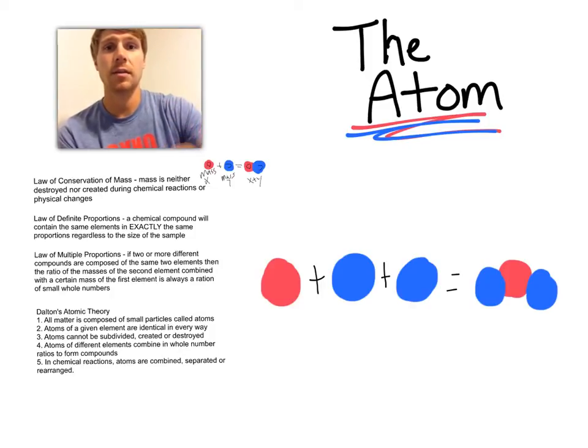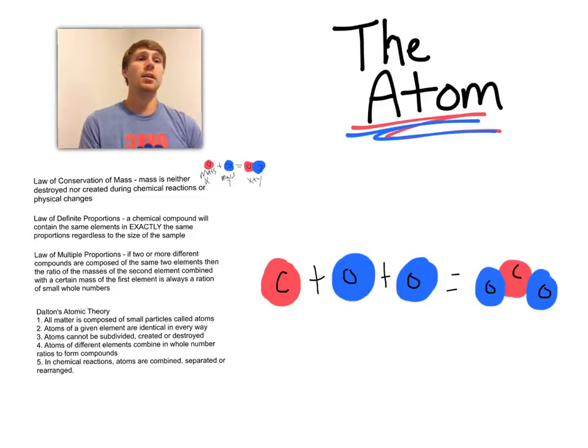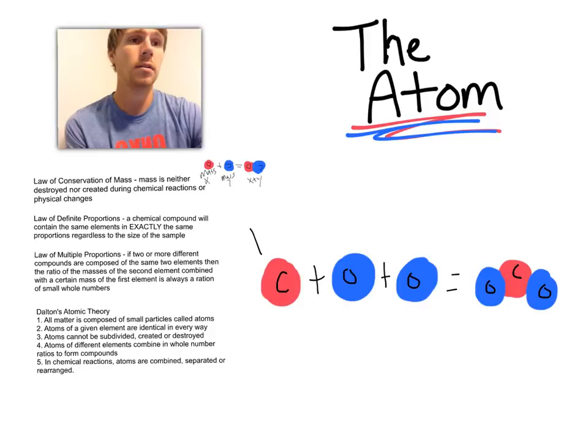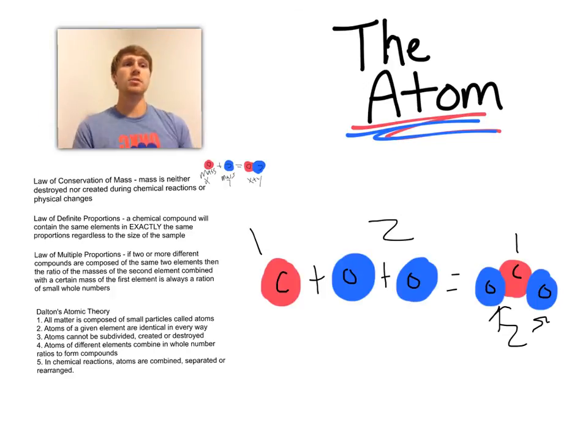We'll fill in those letters to make it easy. So that's carbon, oxygen, oxygen. And you can see that this is 1 to 2. And when they combine, we still have 1 to 2. These are just the small whole numbers that we go through with this.